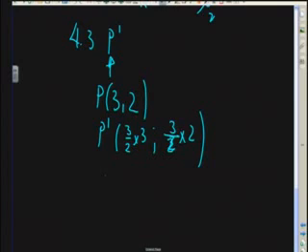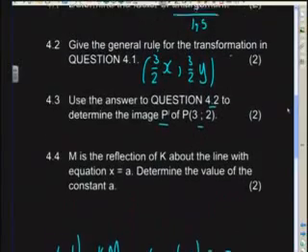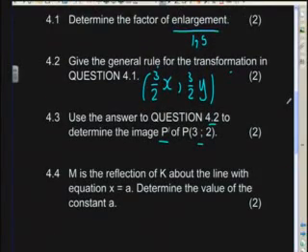And that's going to give me the point (9 over 2, or 4.5, and 3). Those are the new coordinates of this new image, P prime. Hopefully all of you are still following, you're all with me.